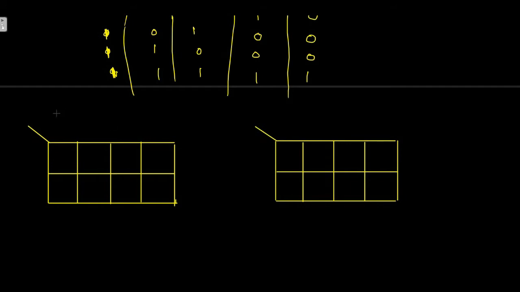Now write down AB, borrow in, with AB as 0 0, 0 1, 1 1, 1 0 and borrow in as 0, 1.